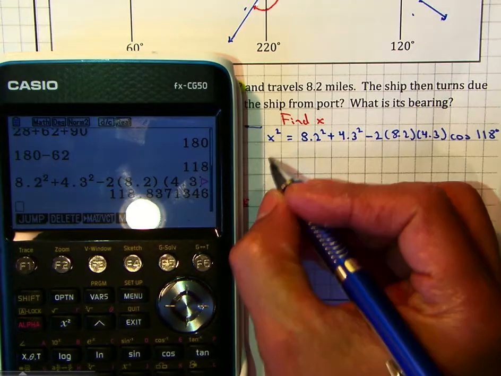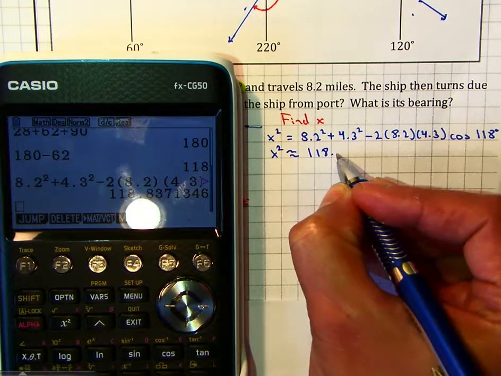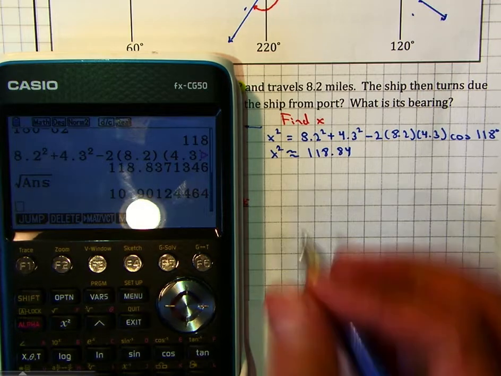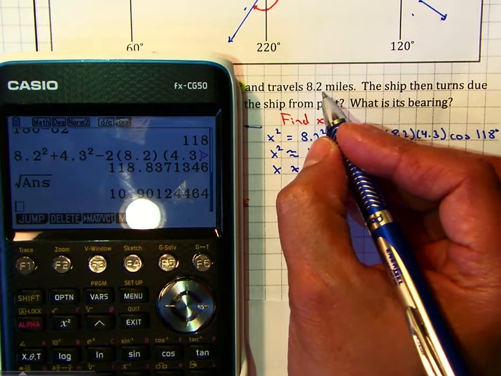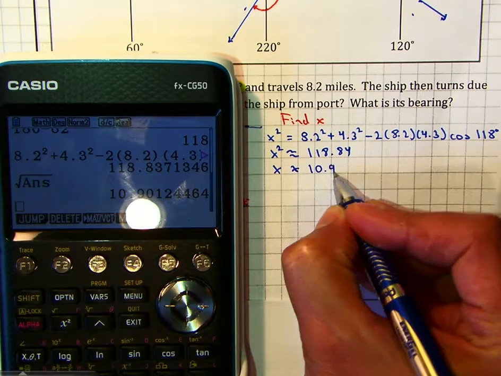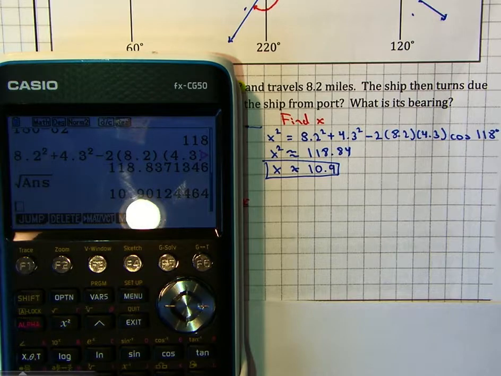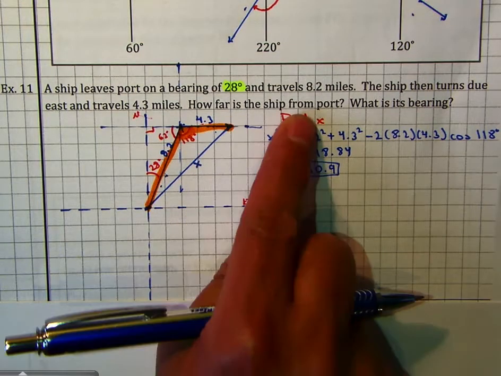So therefore, x squared is approximately 118.84. I'm going to take the square root of my answer. So therefore x is approximately, they only give me one decimal place, so I'm just going to use 10.9. So that is how far the ship is from port.